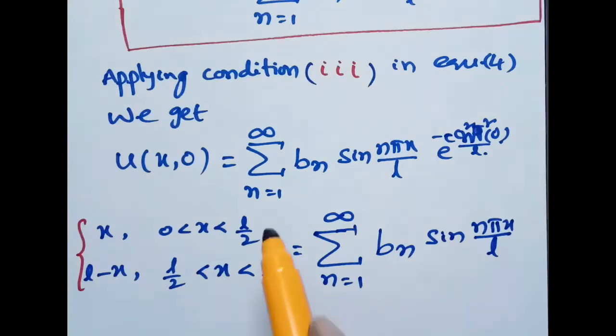Therefore, this is exactly the half range Fourier sine series. Therefore, by using the half range Fourier series, we can find the value of bn as in the one-dimensional wave equation.